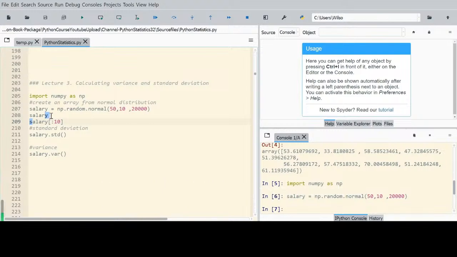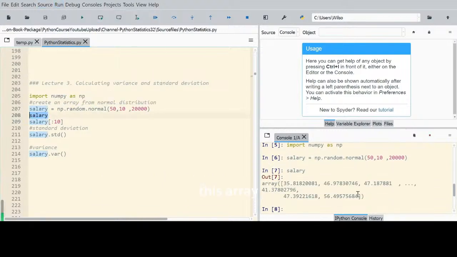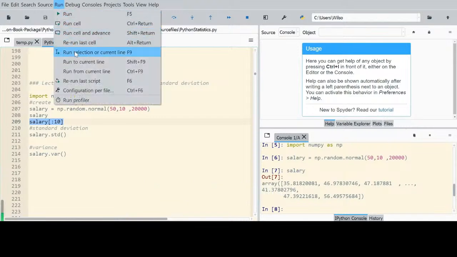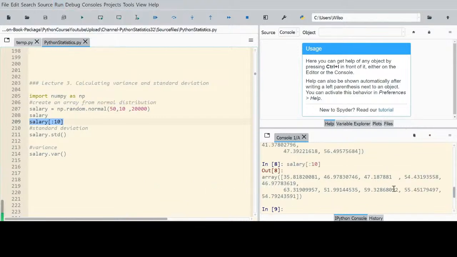We show this array, one dimension, NumPy array. We show the first 10 numbers. They come from a normal distribution with mean 50 and a standard deviation 10.